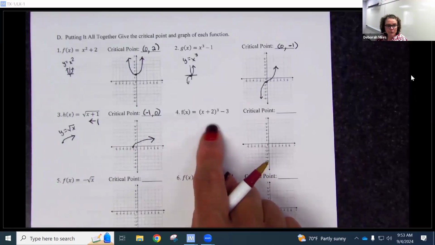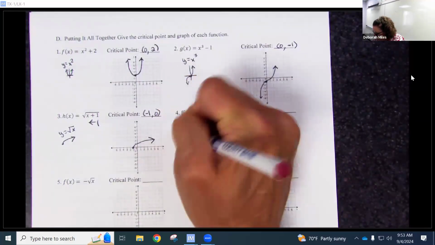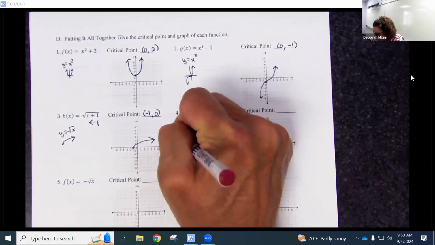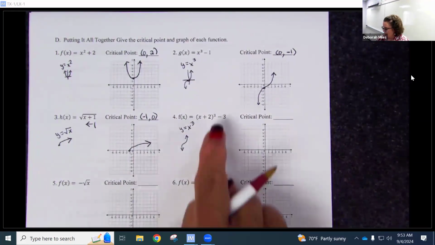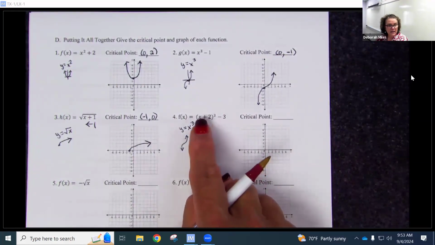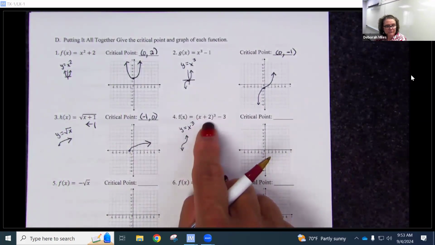All right, number 4, I know what the basic x cubed function is. That vertical snake. That 2 is added to x before we cube that. So it's my horizontal shift, and that horizontal shift always works the opposite of what I expect.